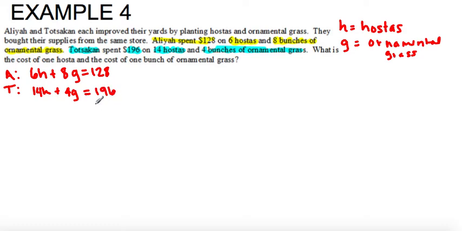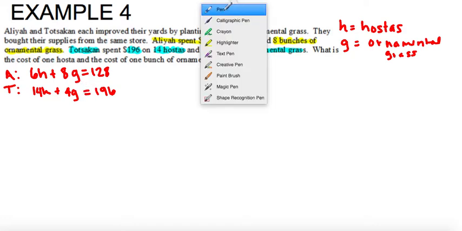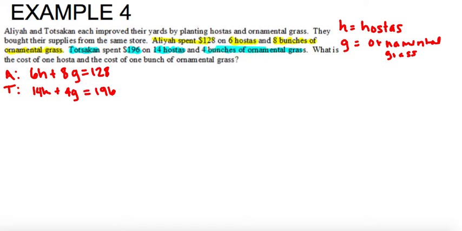Okay, so now we can see that both equations are in standard form, and we want to see what the best method is. The best method here is elimination. So we can get the 8 and the 4 to match by multiplying the bottom equation by -2.